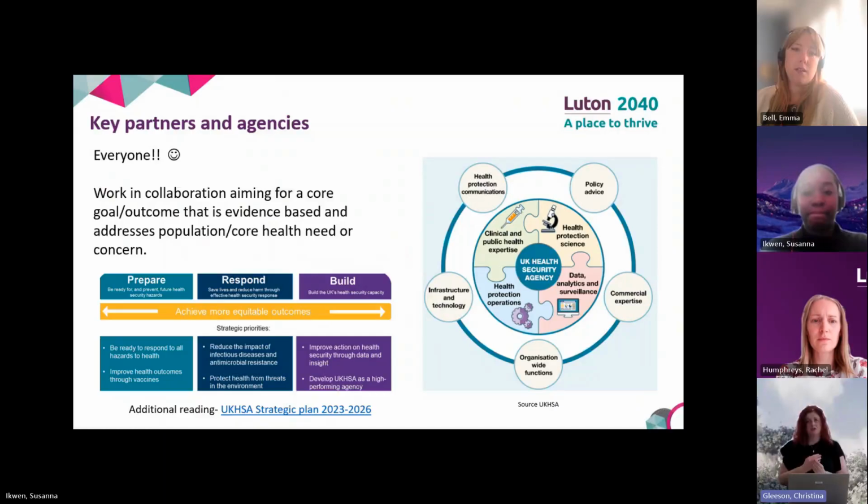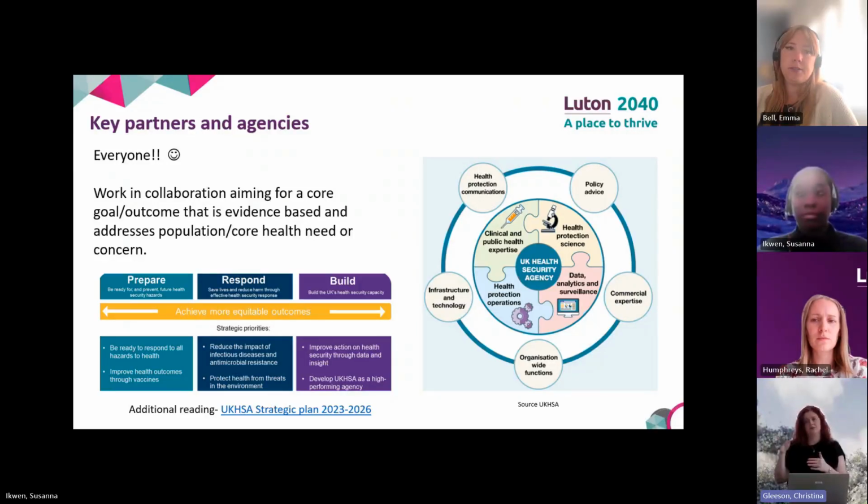UKHSA are very much the lead when it comes to outbreak control and management. A lot of the expertise comes from there, and they manage the situation centrally. They also do the contact tracing. They'll be the ones in contact with people if they were exposed or became a case. So that's what happens there.